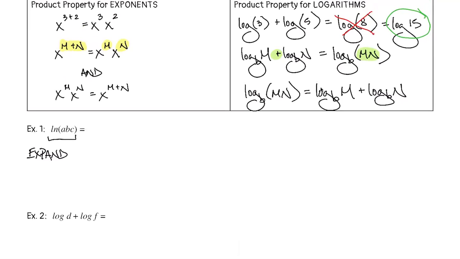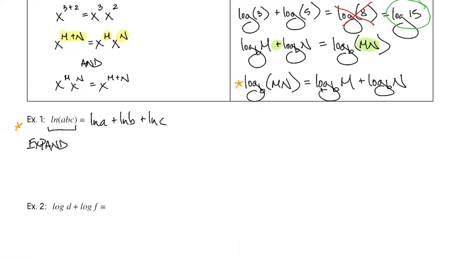So I'm really asking us in this case to use this bottom line. And so if I apply my property, natural log of a times b times c becomes natural log of a plus natural log of b plus natural log of c. All right. So just using that property, straightforward, right? Only the multiplication.